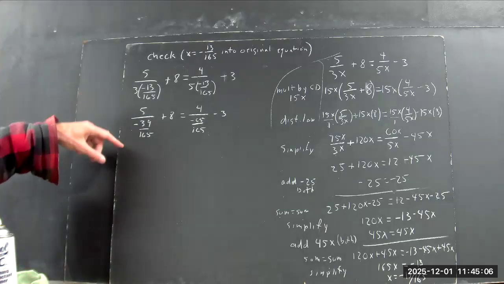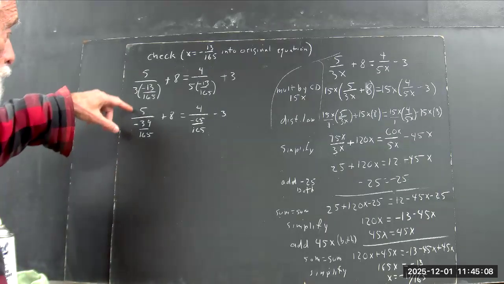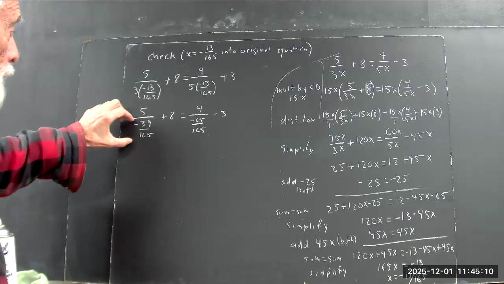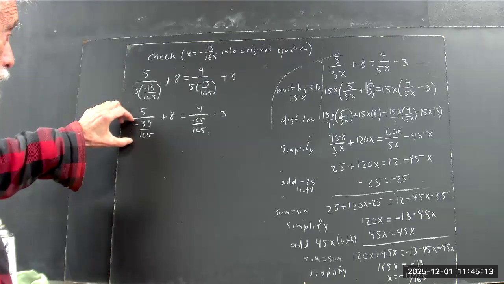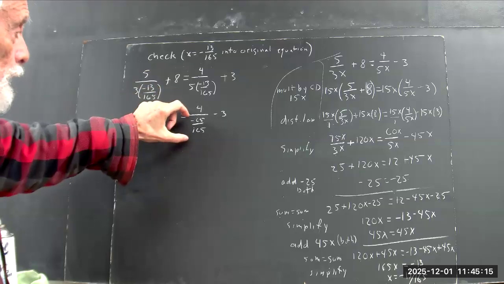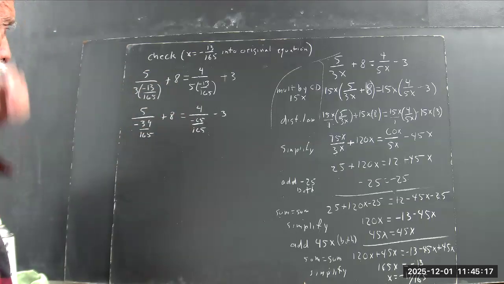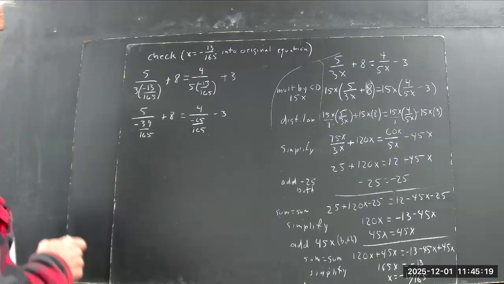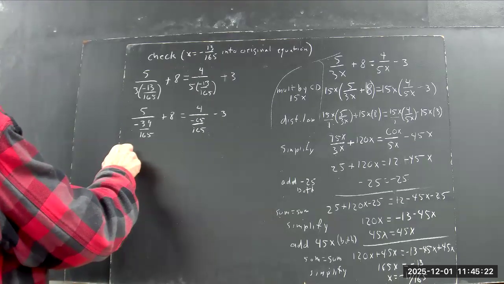Now we have 2 complex fractions. This fraction means 5 divided by negative 39 over 165. This means 4 divided by negative 65 over 165. Well, let's write it out.